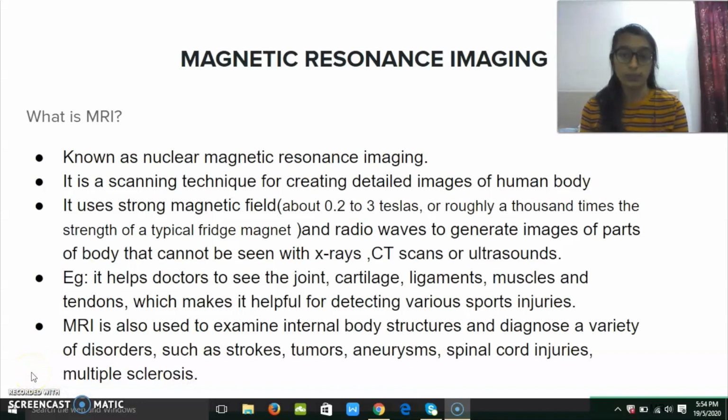I'm going to be talking about MRI, which is also known as nuclear magnetic resonance imaging, which is a scanning technique for creating visual images of the human body. It strongly uses a magnetic field, which is about 0.2 to 3 Tesla, or 1,000 times the strength of a fridge magnet, and radio waves to generate images of parts of the body that cannot be seen with X-ray, CT scans, or ultrasound.